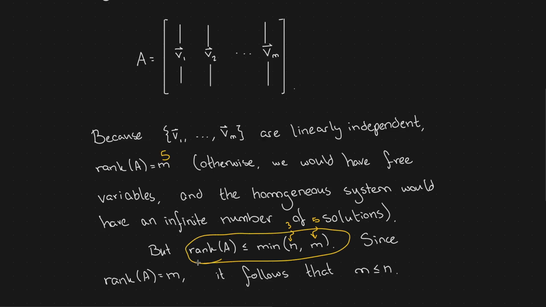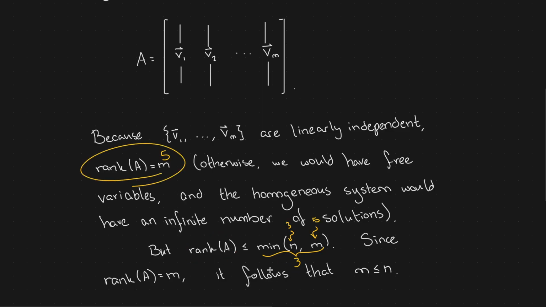But this inequality says the rank of A can't be any larger than the minimum value of these two, which if n is the smaller value would mean that this would be 3, and the rank couldn't be larger than 3, which would mean we'd have a contradiction, right? You cannot have n smaller than m and satisfy this condition here.